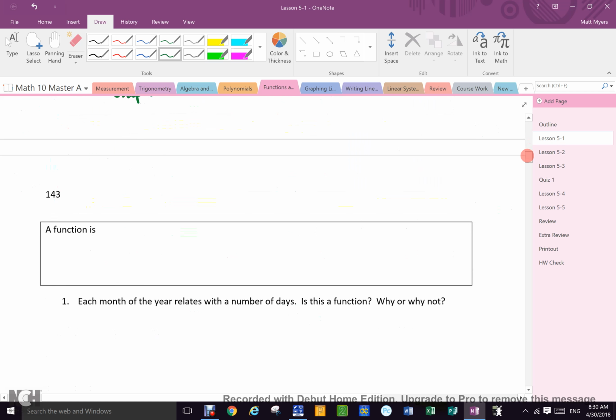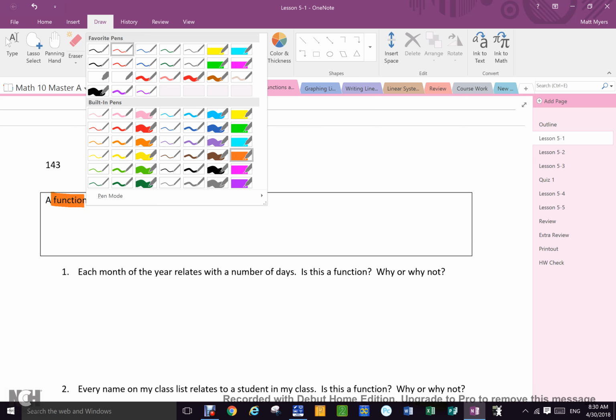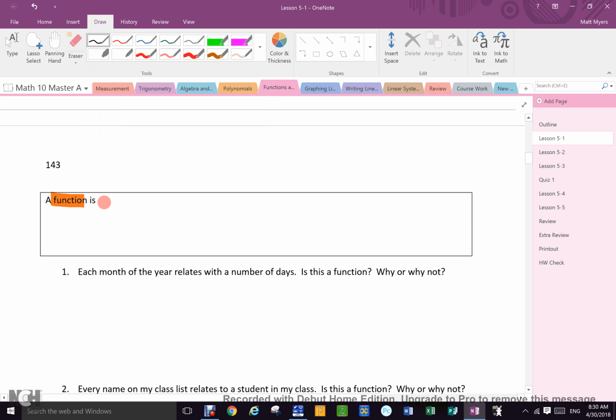All right, now turn the page over and you see our fourth new word. Our fourth new word is function. And a function is a specific type of relation. So it's still a relation.